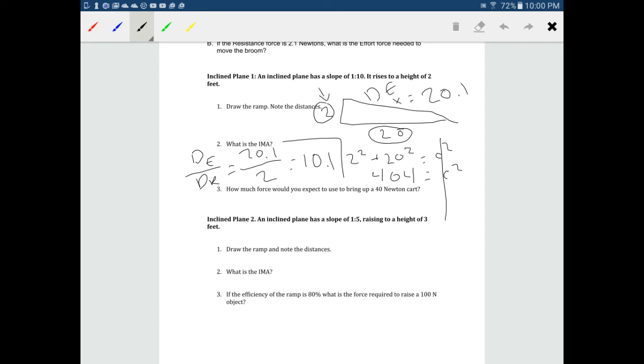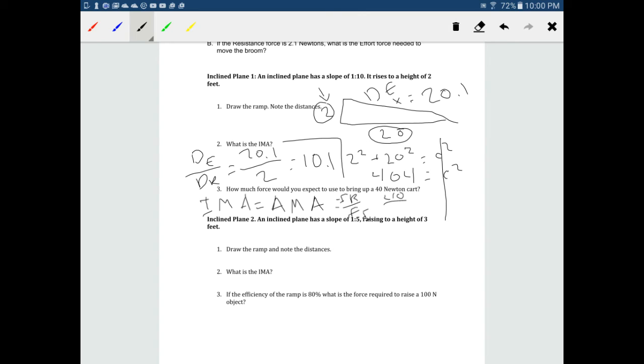So actually in this case, our IMA is going to equal our AMA. Those are going to be equal in this case. So AMA equals, let's see, what does AMA equal? It equals FR divided by FE, and FR is in this case 40 newtons.